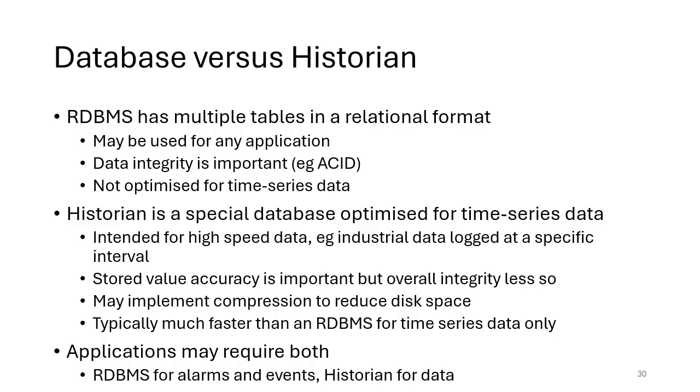And then you might also want to look at what happened 5 minutes afterwards for your post-trip analysis. So you're combining there the alarm and event data with that time series data. In that case, it's often done via a combination of the timestamp, but also maybe you'd be looking at the tag names as well, because you want to look at the important data.